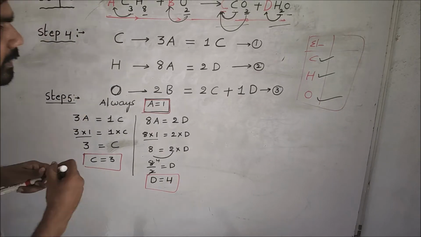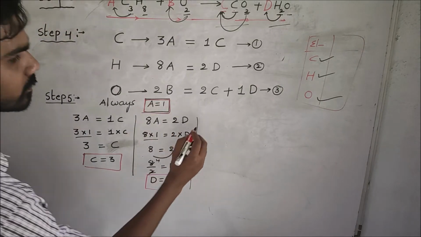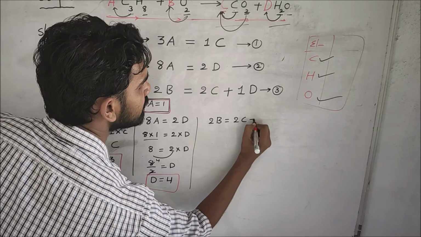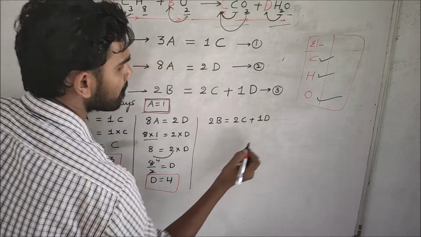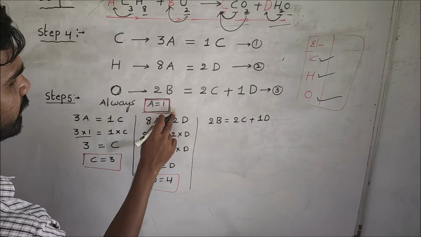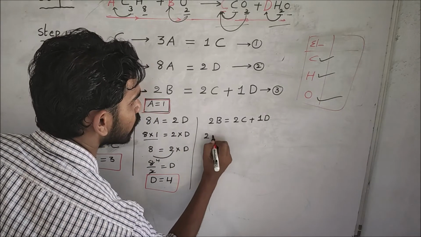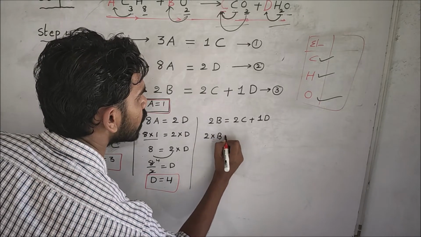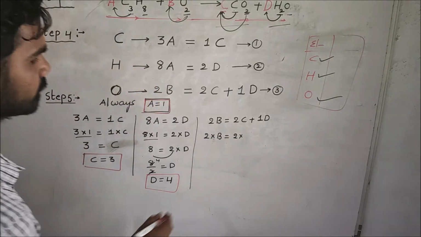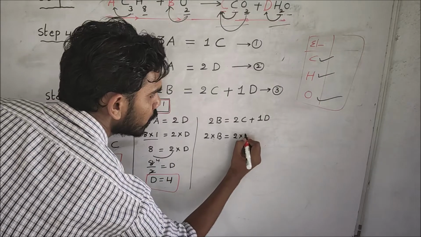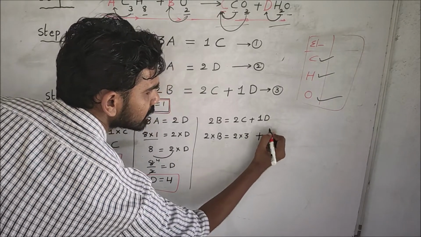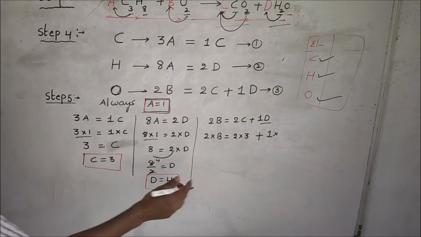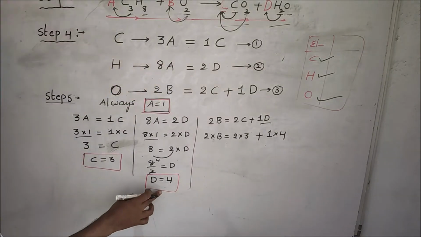Now we have to find B, take the third equation. 2B equal to 2C plus 1D. Now what is the B value here? That only we have to find. 2B, so we'll write 2 into B. What is the C value? The C value we got here. 2 into 3 plus 1 into D. D value how much? 4.